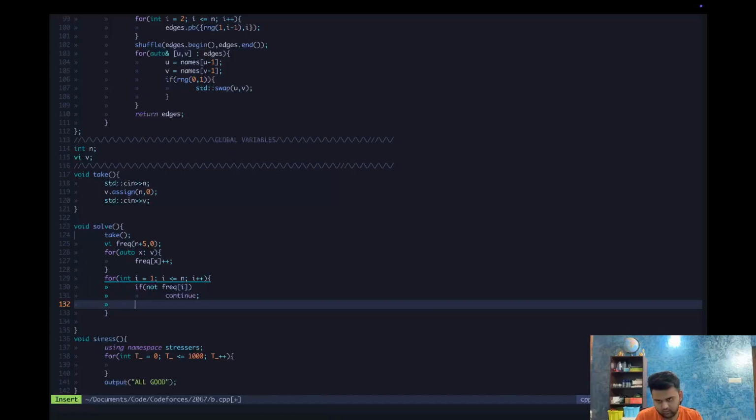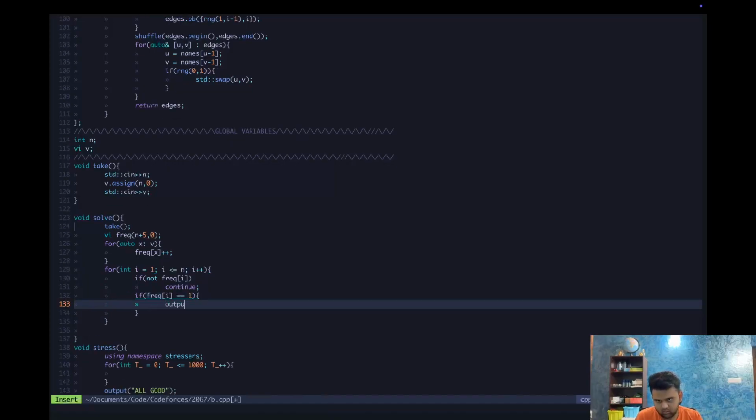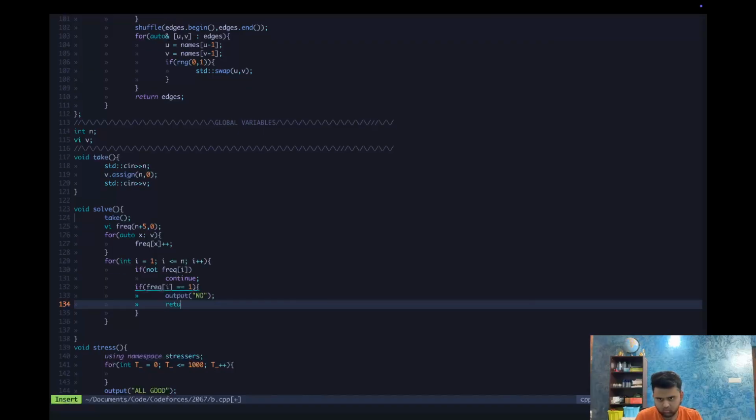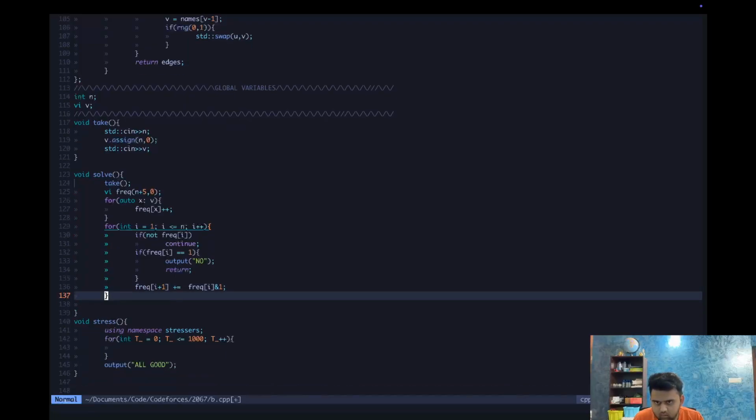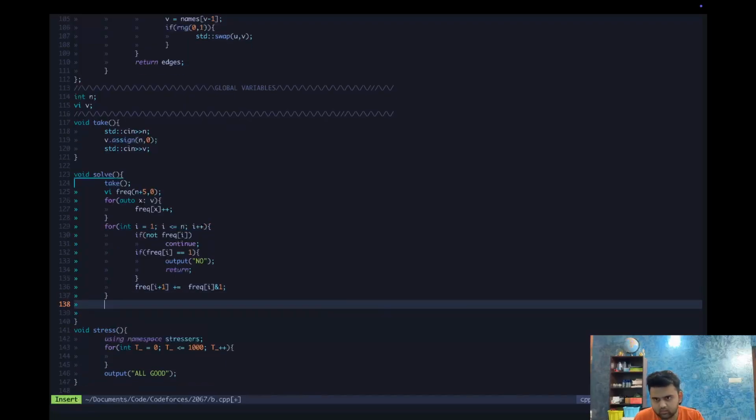Not frequency of I, I continue. If I is equal to 1, output no, return. And now frequency of I plus 1 plus equal to frequency of I and 1. Now I keep doing this.